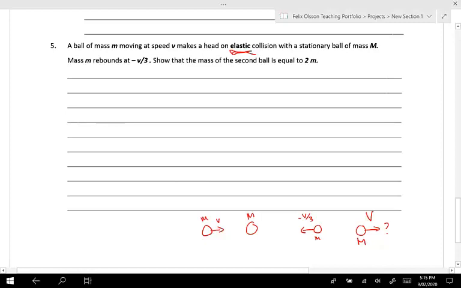Okay, so we have several unknowns here. We want to get an expression for big M in terms of little m. So we're going to do the following. We're going to say E K total initial equals E K total final, and P total initial equals P total final.